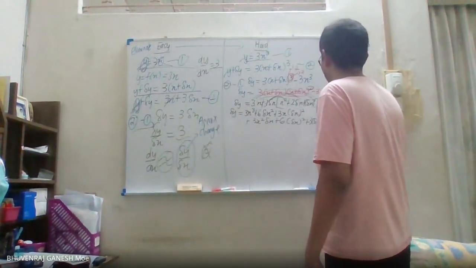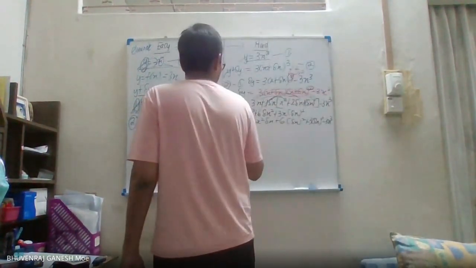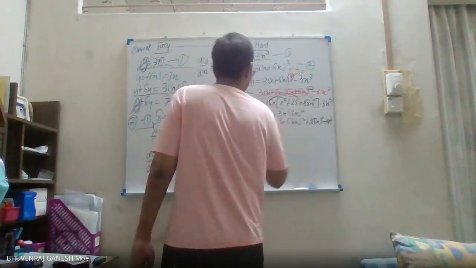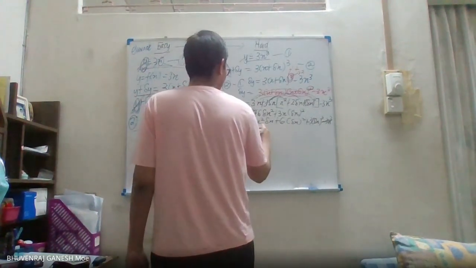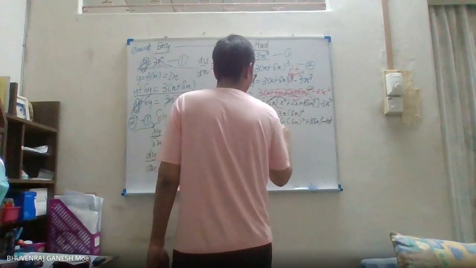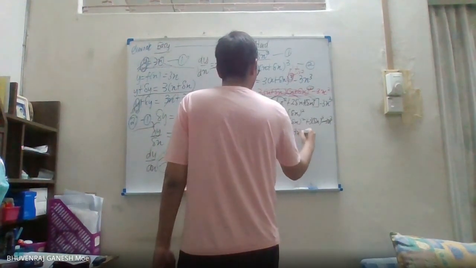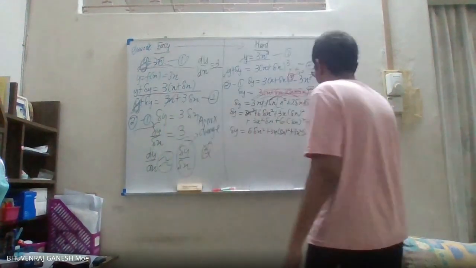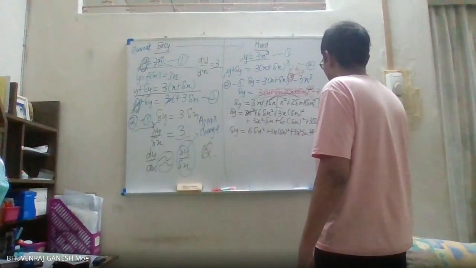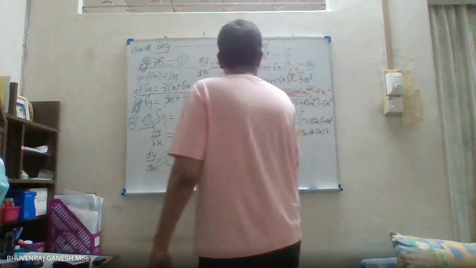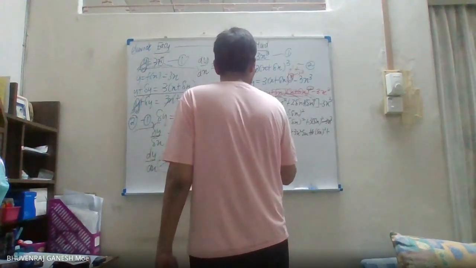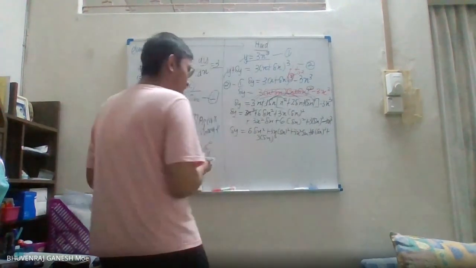So here we can cancel 3x cubed and here. So we will get 6 delta x squared plus 3x delta x squared plus 3x squared delta x plus 6 delta x squared plus 3 delta x cubed. So far, okay.